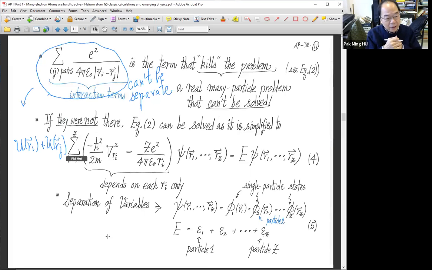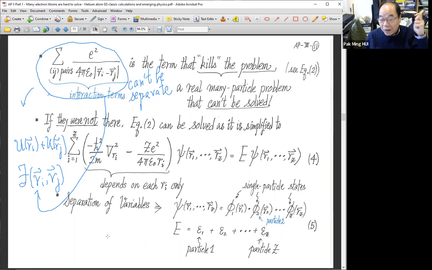If you can write this thing into a function of Ri only plus a function of Rj only, then you can make use of the separation of variable techniques.